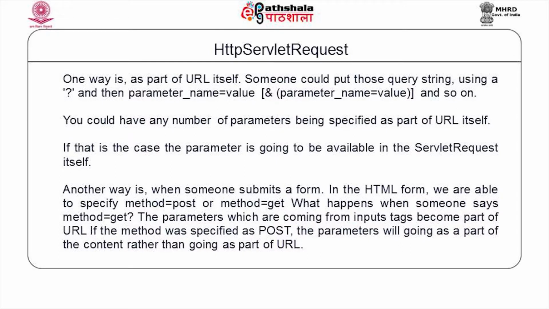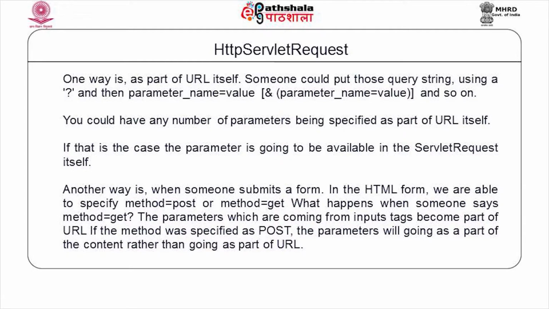So, the parameters which were in the generic part are, for HTTP, coming from the query string when it is URL based. Another way is when someone submits an HTML form.